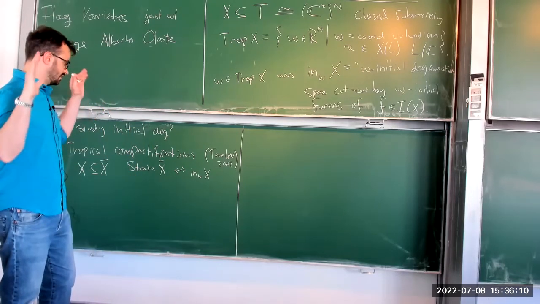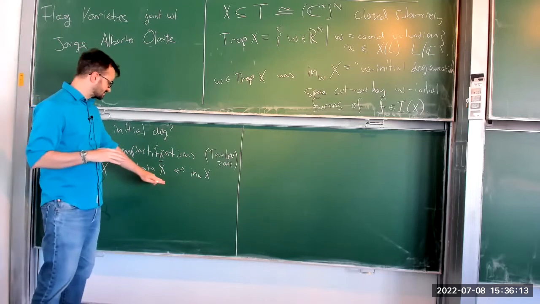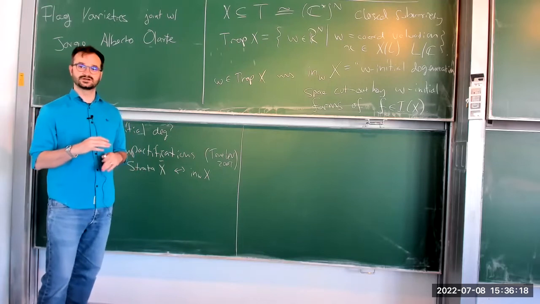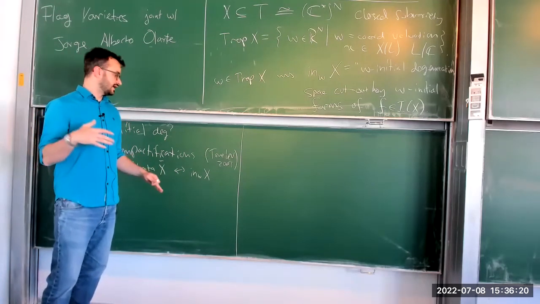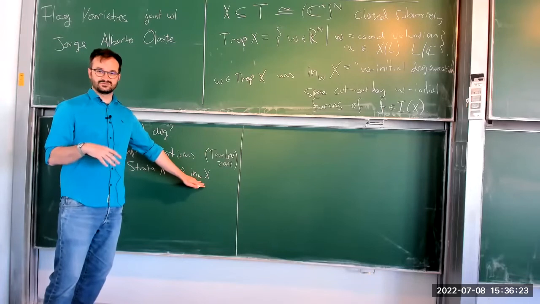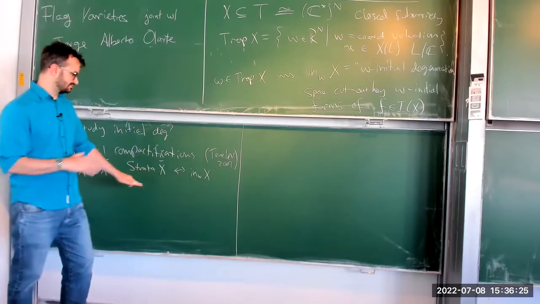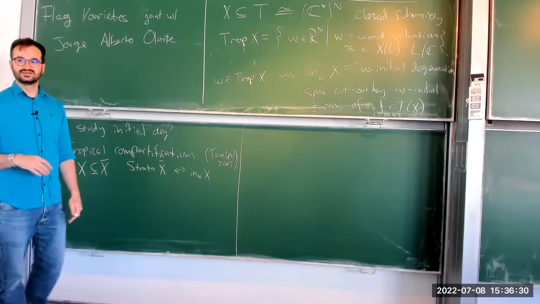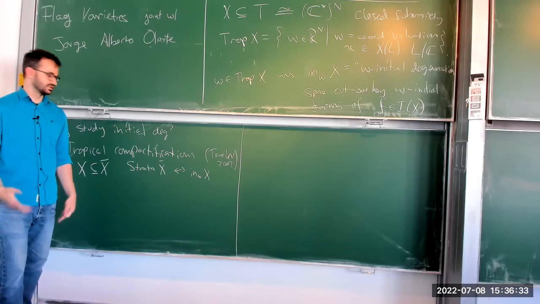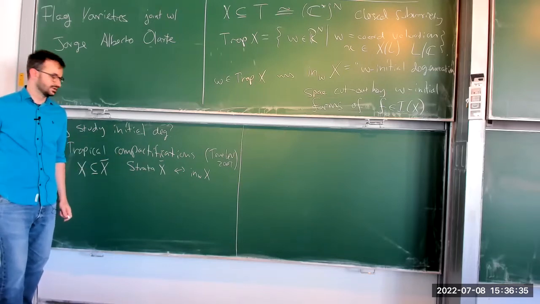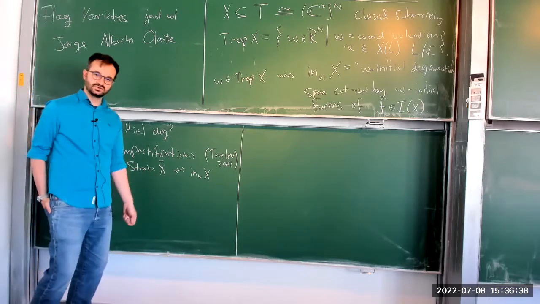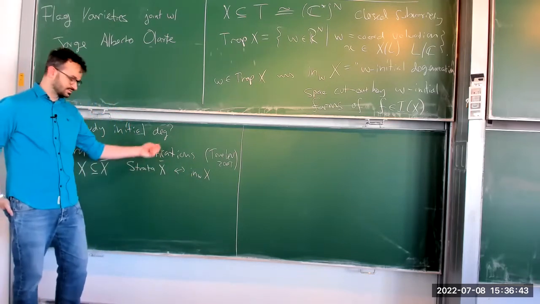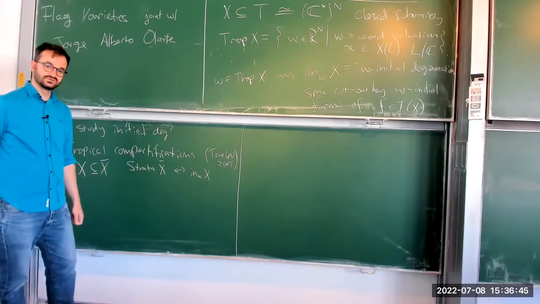The stratum of X bar corresponding to a cone that contains W in its relative interior is isomorphic to the initial degeneration of X up to a torus factor. So you multiply this side by an appropriate torus, and then you get something that's non-canonically isomorphic to this initial degeneration. In particular, the strata are smooth if and only if the initial degenerations are smooth. The strata are connected or irreducible if and only if the same thing holds for the initial degenerations.